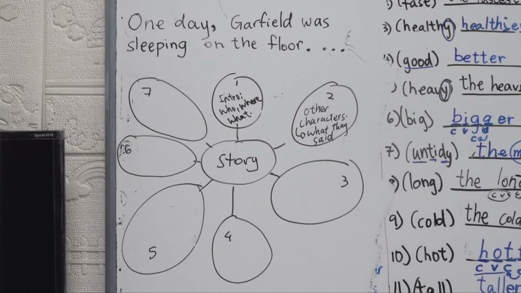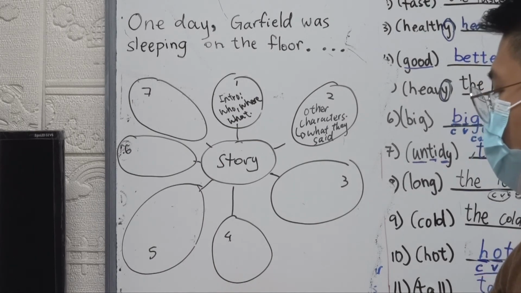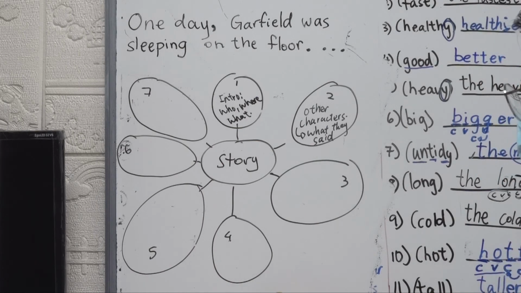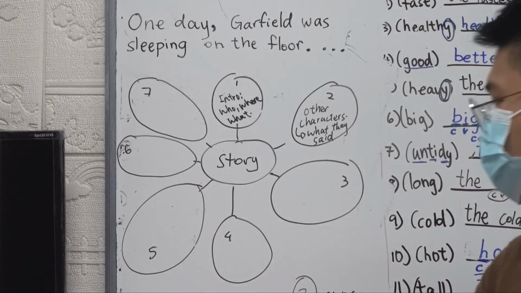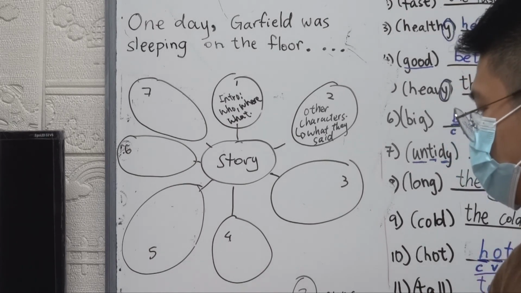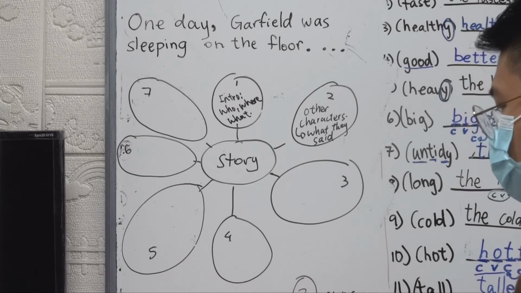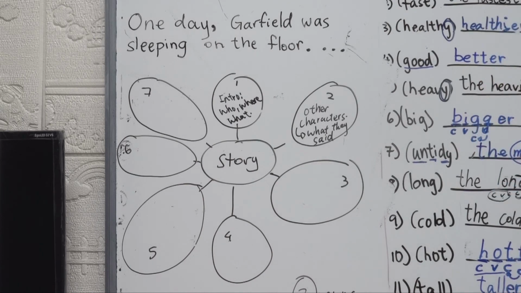Okay, very good. So again, just to remind you, comparative. How many nouns are we talking about here for the comparative? 2 nouns. We're always talking about 2 nouns. And for the superlative, how many nouns are we talking about?